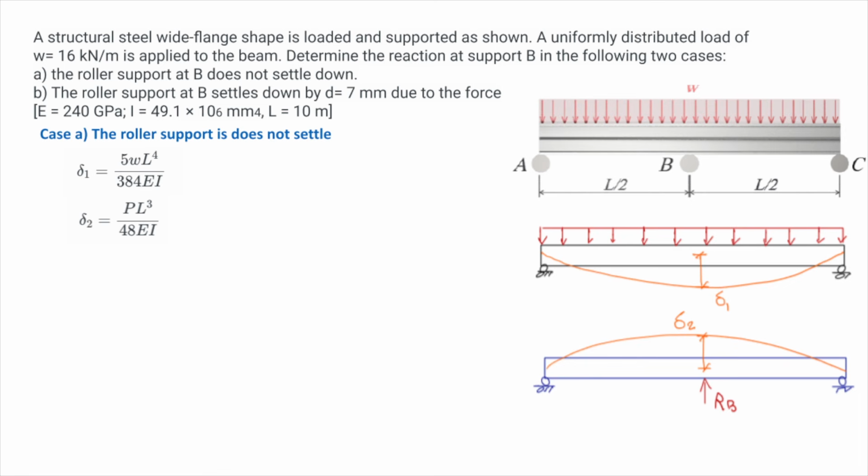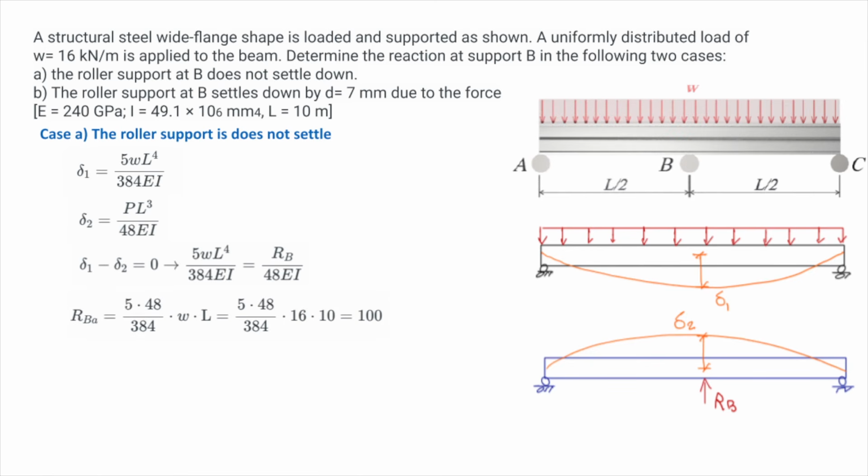The deformation in that case would be PL cubed divided by 48EI. In case A, the sum of these deformations should be equal to 0, which means delta 1 minus delta 2 is equal to 0. From that, we can determine the reaction force. That would be the answer for the first part.